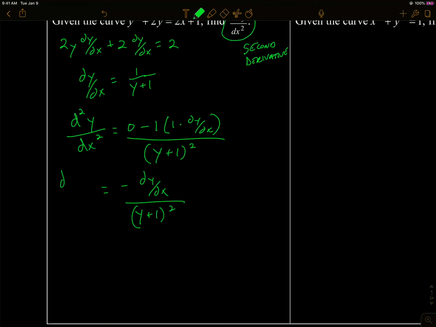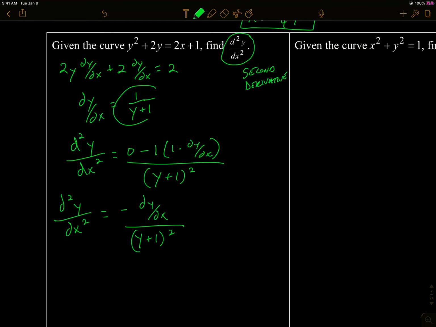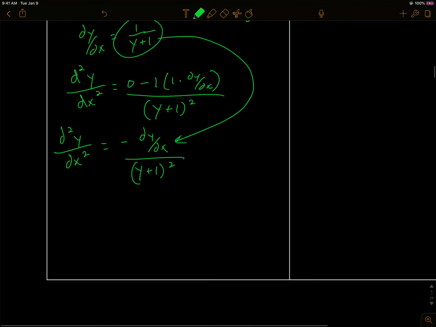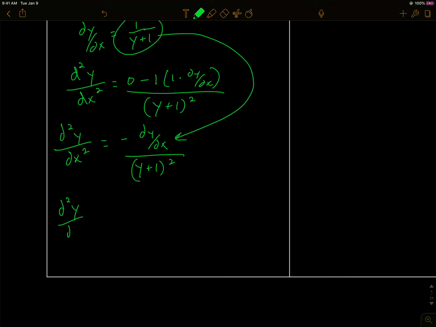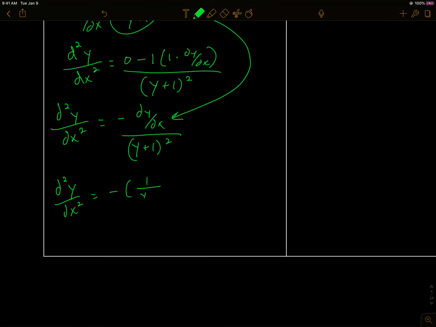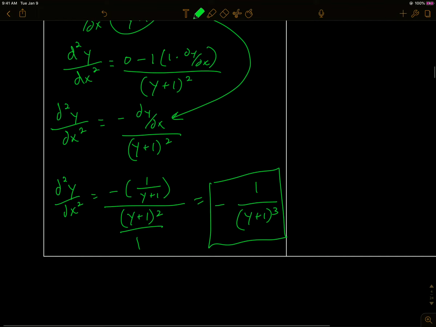Now, how do we deal with this? I know what dy/dx is equal to, so I have to now go and make a substitution. So d squared y over dx squared is going to be negative 1 over y plus 1, over y plus 1 squared. So that's going to simplify to negative 1 over y plus 1 cubed, because this is like over 1, I multiply by the reciprocal. That is my second derivative.